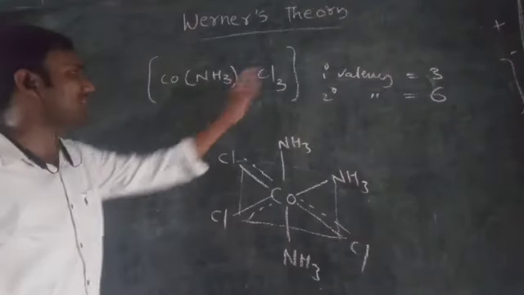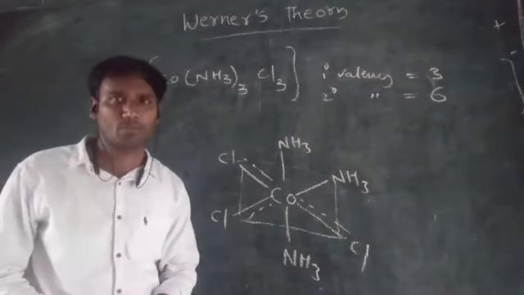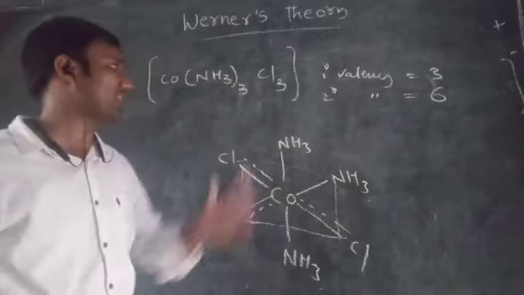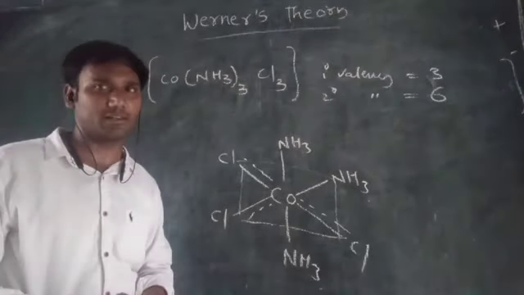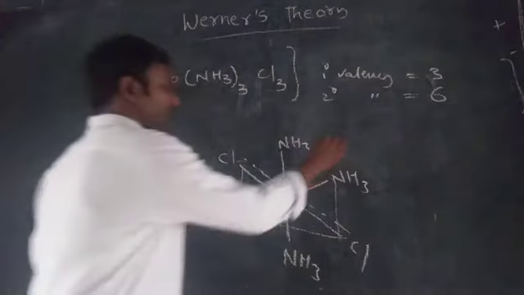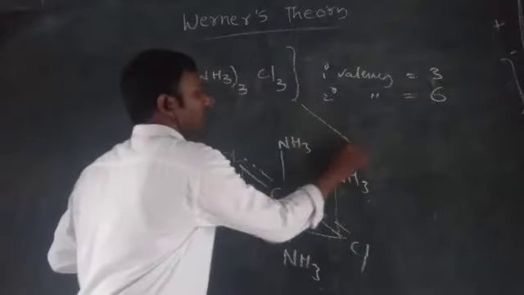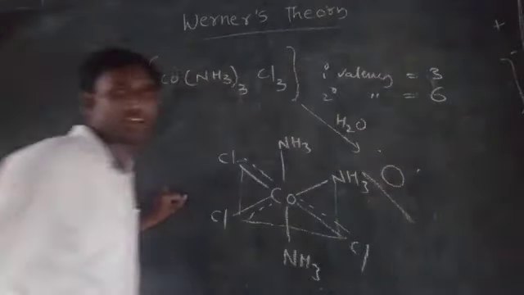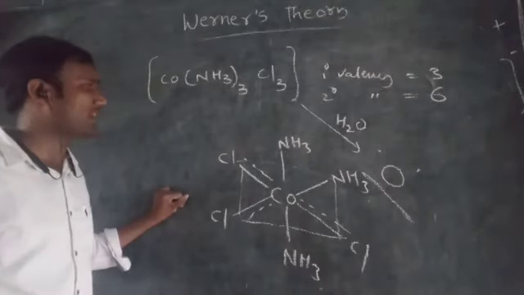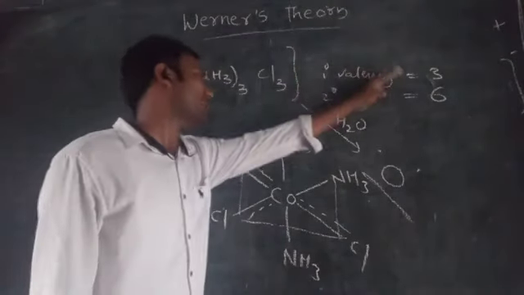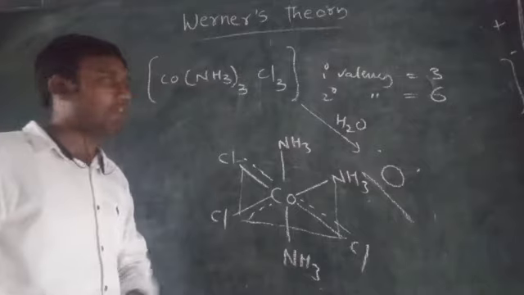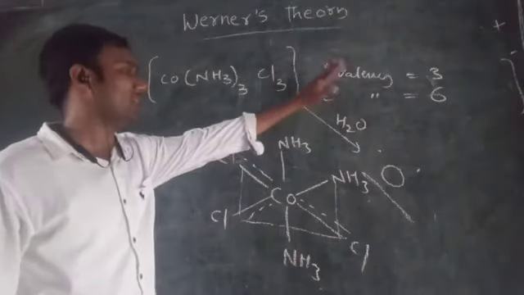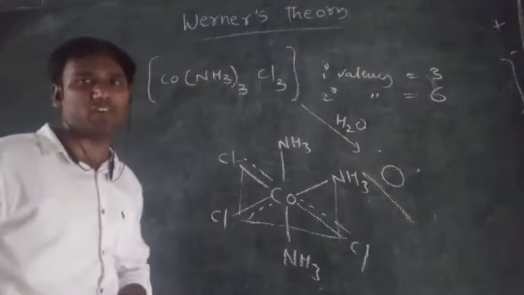Next, how many ions does it furnish when dissolved in water? Very important question. There is no ion furnished when this complex is dissolved in water. 0 ions. Why? Because after the coordination sphere there is no space. If any species were present after the coordination sphere, it would be negative and the coordination sphere would be positive.